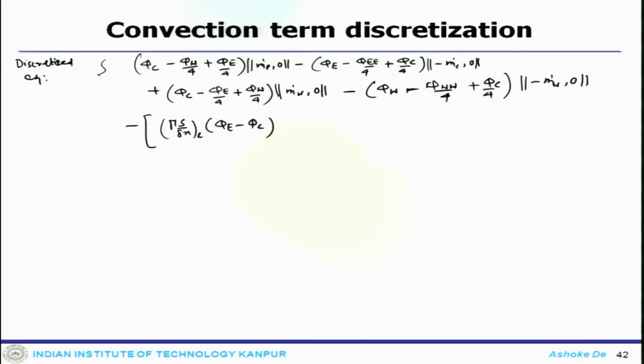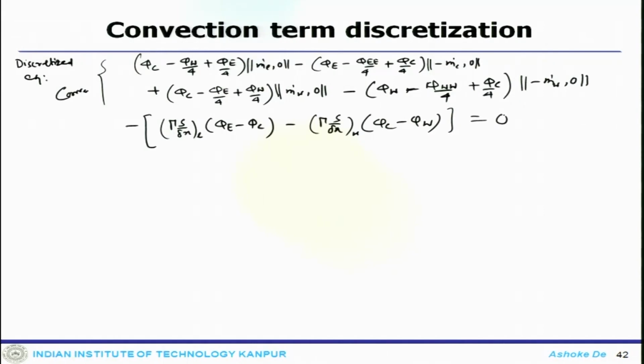This portion contributes the convection, and this is the diffusion term by del x at w, phi c minus phi w, equals 0.